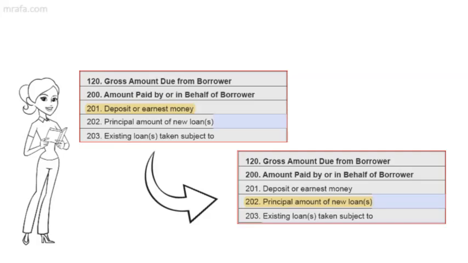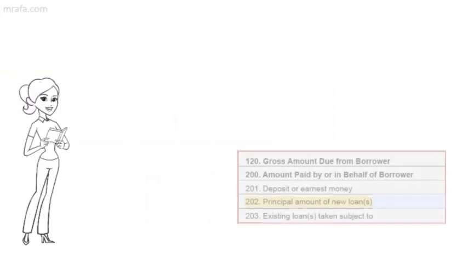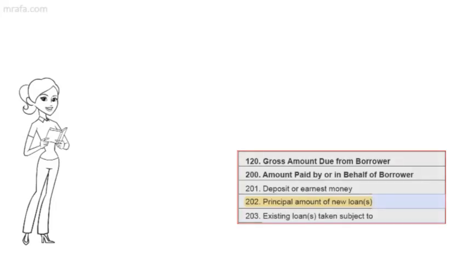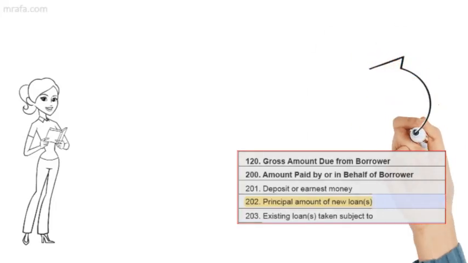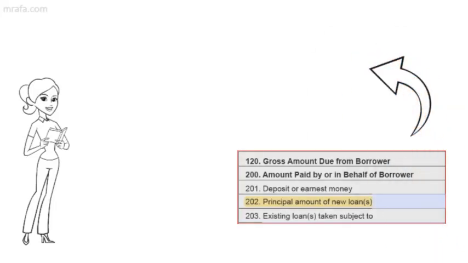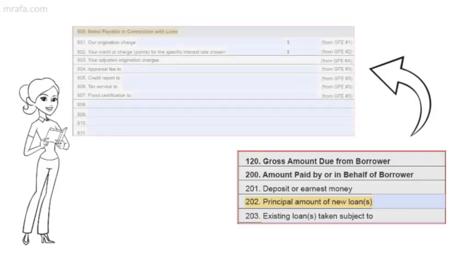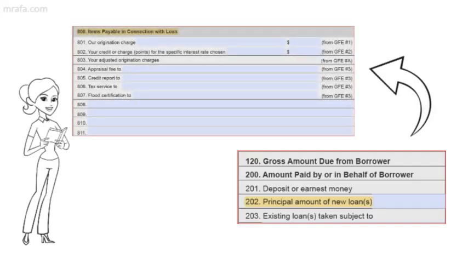So this part on section 800 will discuss interest and fees related to the loan to pay for that principal. And normally the origination fee is around 0.5% to 1% of the loan amount.